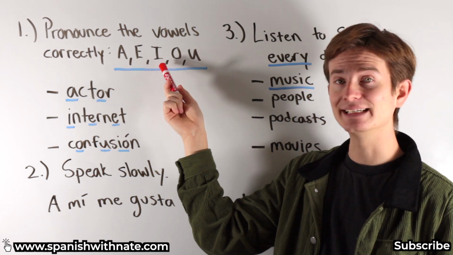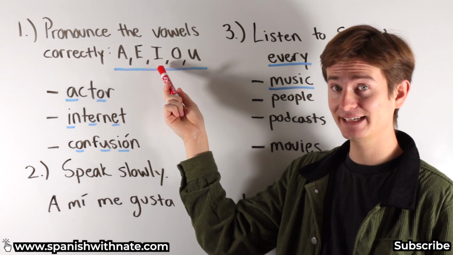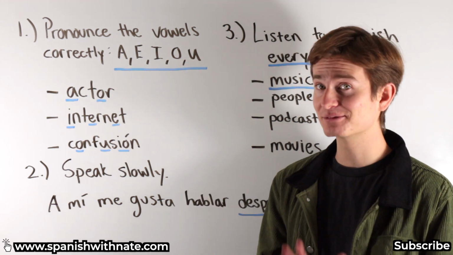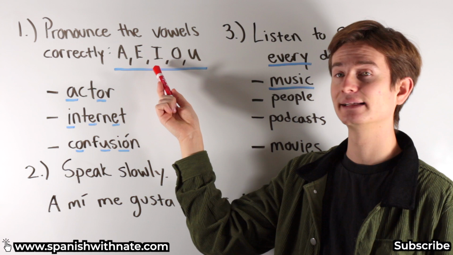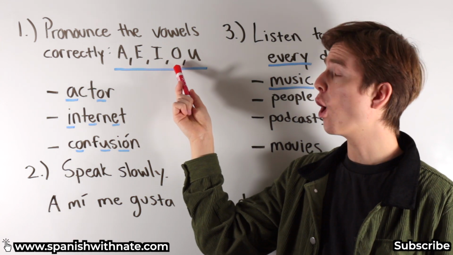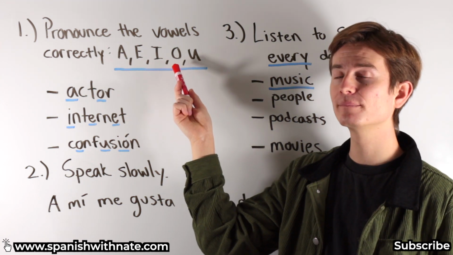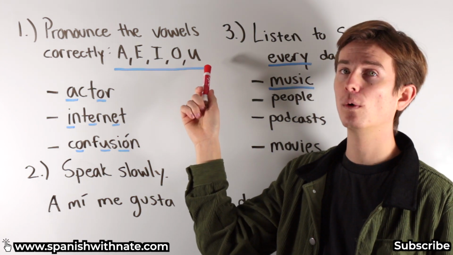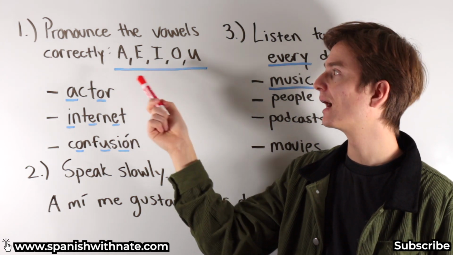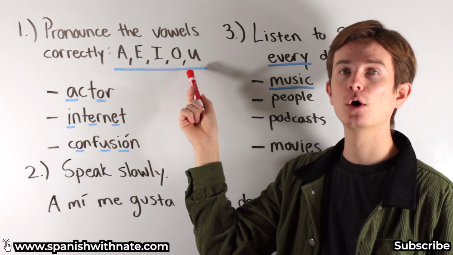However, the I is pronounced as E, okay? It can be a little bit confusing, right? That little flip, right? A, E, I, O, U.